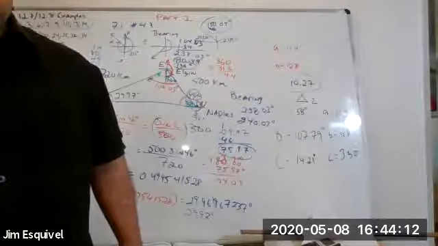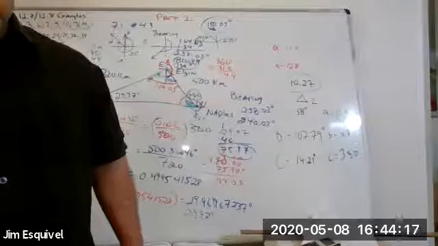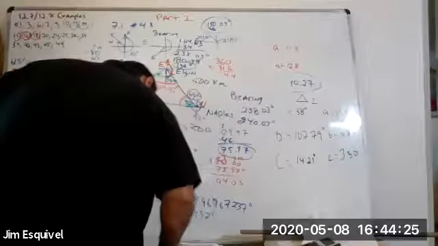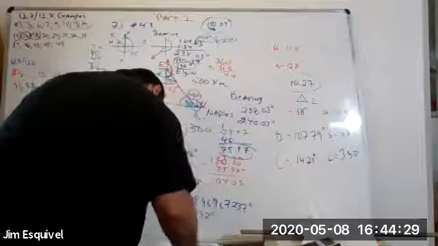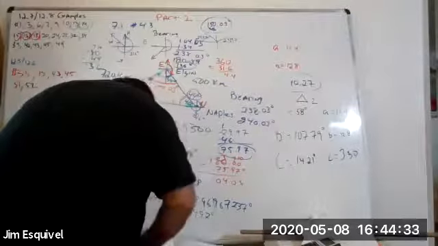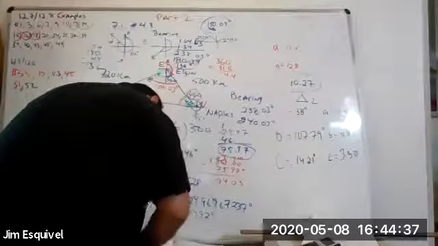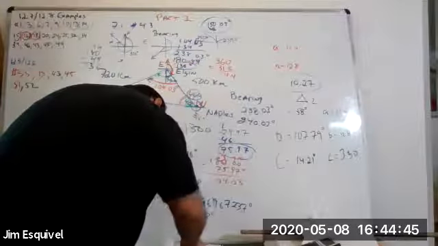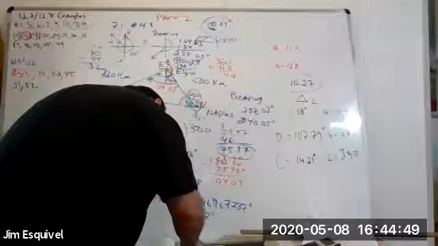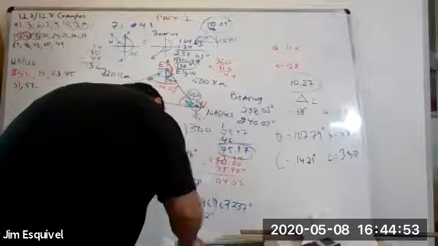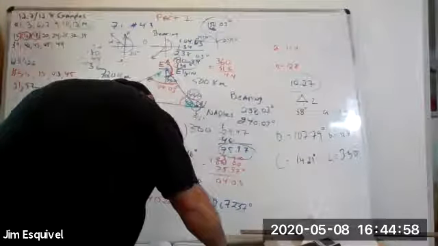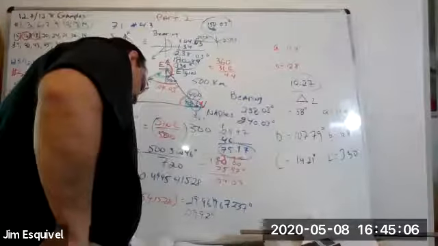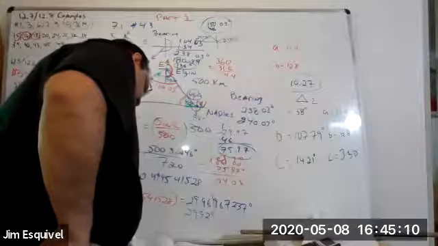On 7.2, I don't know if it's a typo, but on number 15, it gives you angle A, side B, and side C, but the answers give you angle A. Yeah, so that would be a typo because that would have to have been angle B and angle C. Did you come up with B equal to 29.44?